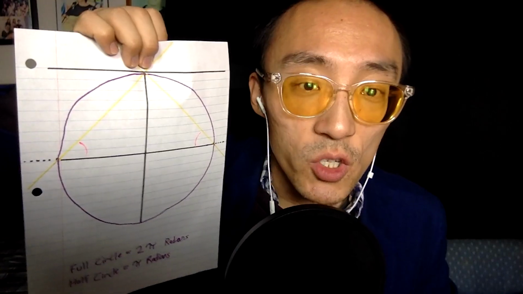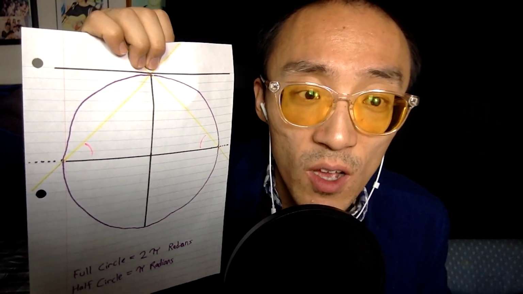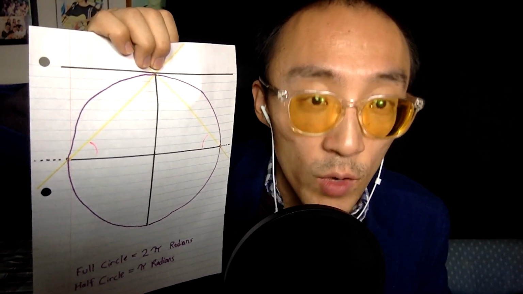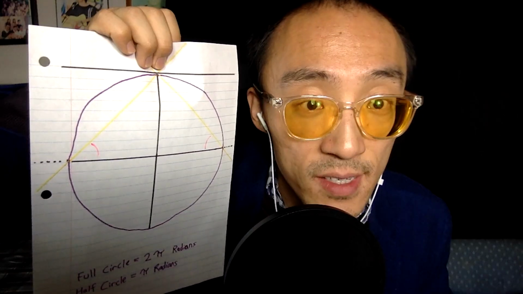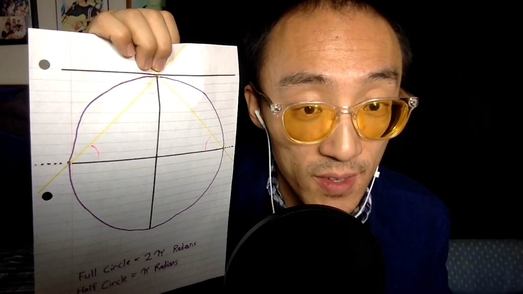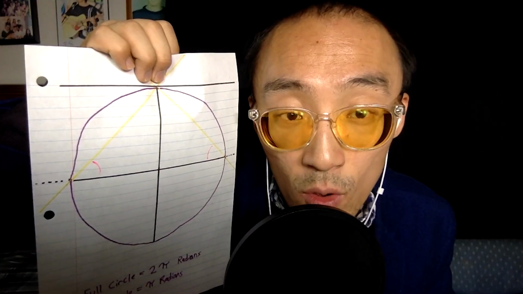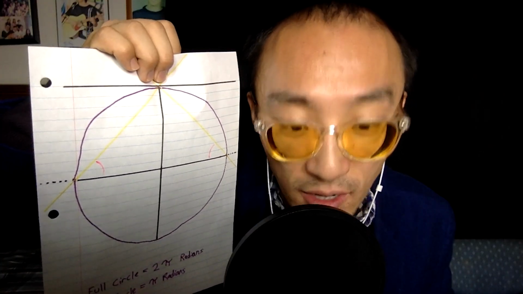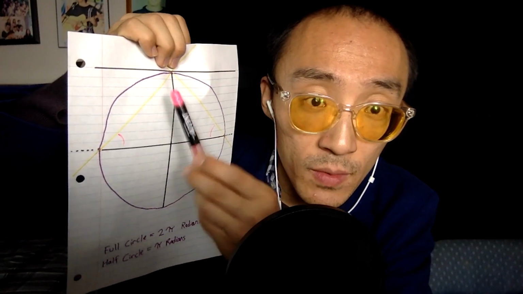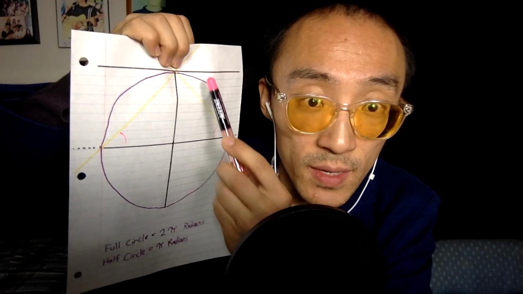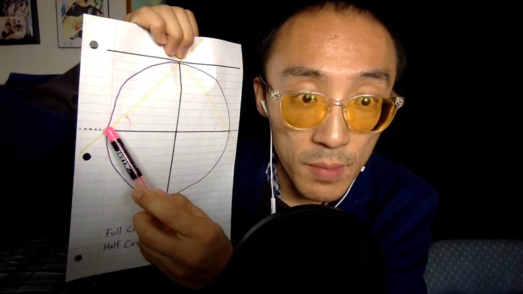So let's do it. Let's start with the angles on the bottom. Which angle is symmetric to the angle on the bottom? Well, using what we know about alternate interior angles, this angle is symmetric to this, and this angle is symmetric to this.